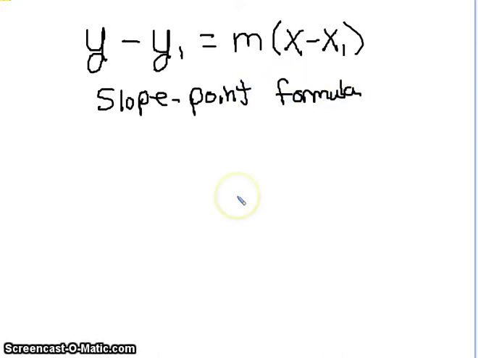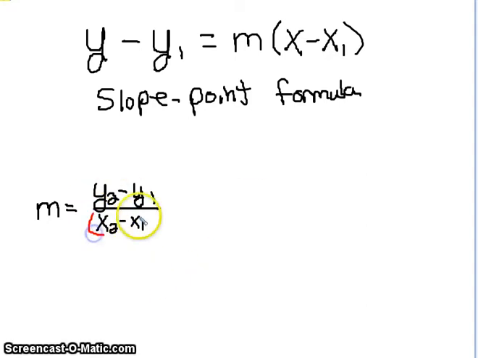Now, I know there are a few of you like me who like to know where on earth this came from. If you think about your slope being equal to y2 minus y1 over x2 minus x1, if you were to take this denominator and multiply both sides by x2 minus x1, is that looking familiar?